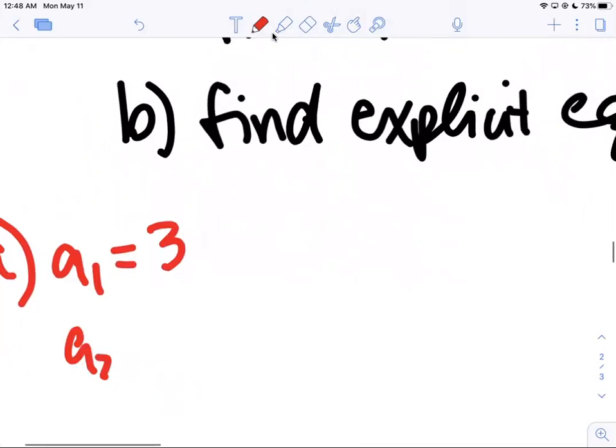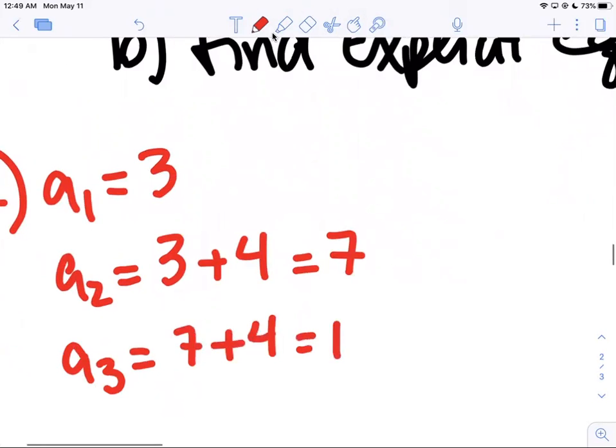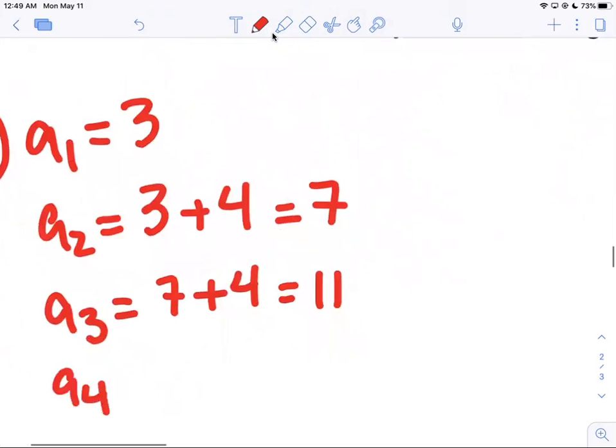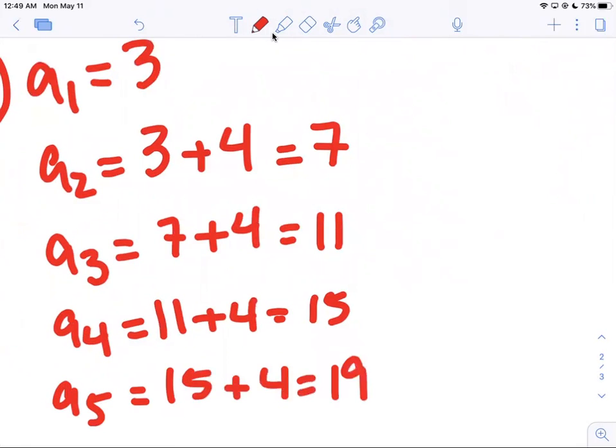A sub 2 is going to be 3 plus 4. Well, that's 7. A sub 3 is going to be 7 plus 4, which is 11. A sub 4 is 11 plus 4, which is 15. And then a sub 5 is going to be 15 plus 4, which is 19.